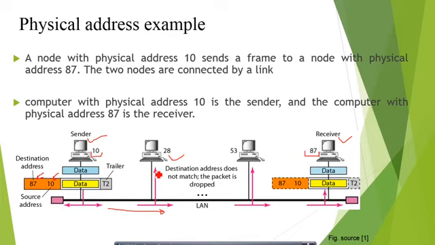Once it reaches this device, which is also connected to this network, this device will detach the header information and try to match its own MAC address. If it is matching, it will accept this frame. If it is not matching, it will discard.